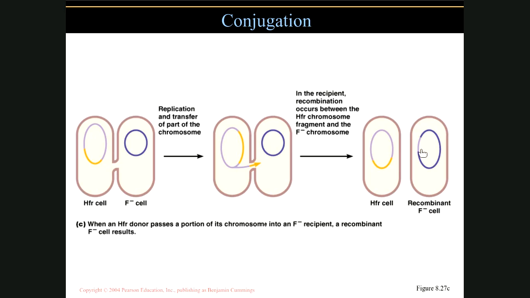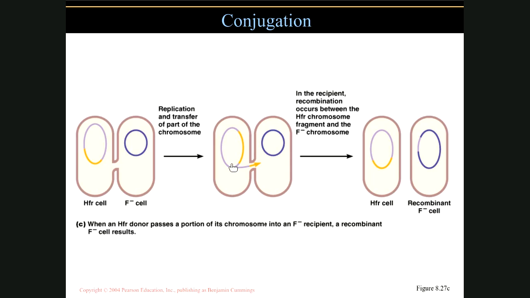The integrated plasmid is actually at the end, and in order to transfer a complete copy of the chromosome, including the plasmid, would require those two cells to remain hooked together for at least 90 minutes. Remember that many bacteria can divide in as little as every 20 minutes. So it's not going to work to stay hooked together with another cell for that long.